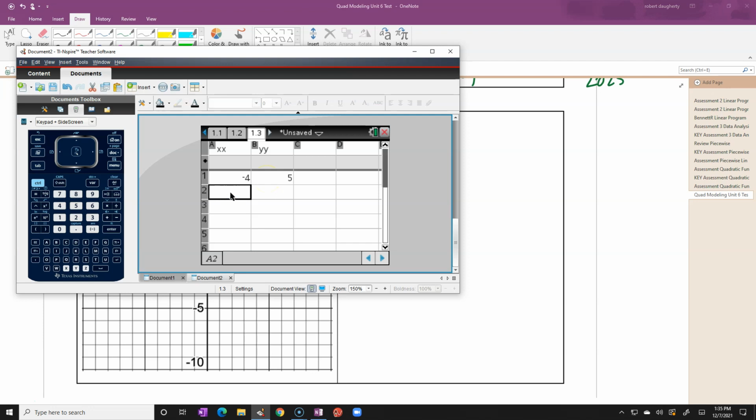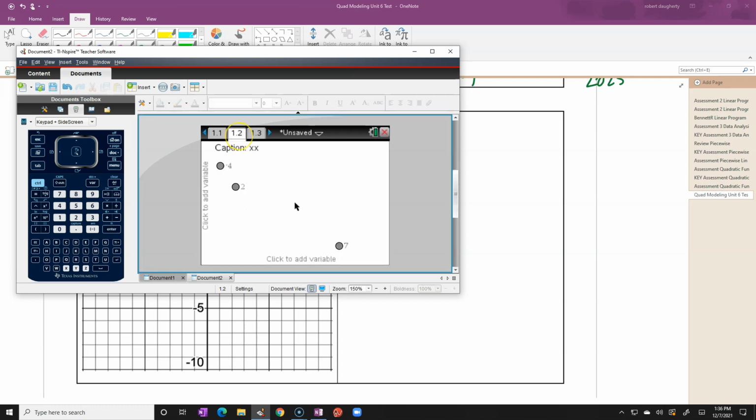So negative 4 and 5, and 2 and 0. And then the next one was 7, 4. And then I got a couple ways to do it. I can create my data and statistics.